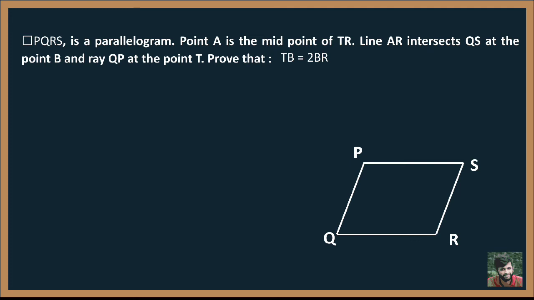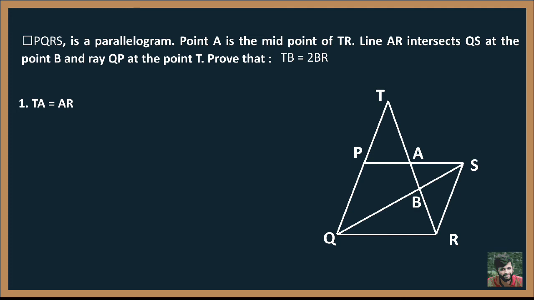Point A is somewhere on line PS, and then PQ is extended and these lines are joined. Also you are told that A is the midpoint of TR, which means TA and AR are equal.